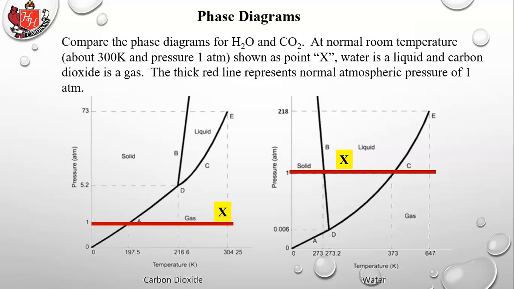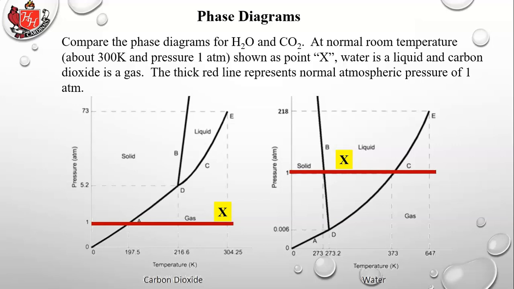So over on the right is water, and you can see the heavy red line is 1 atmosphere of pressure. And if you see where the X is, it's right above about 300 degrees on the temperature axis down on the bottom. So that would be normal room temperature and pressure. And you can see that X is clearly in the liquid range for water. At normal room temperature, water is a liquid.